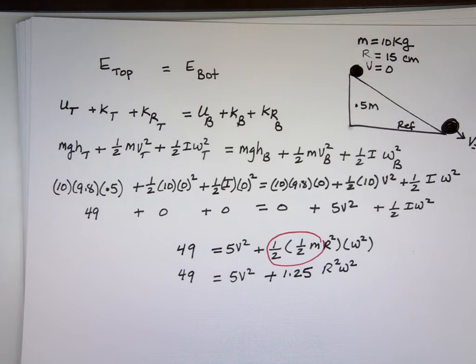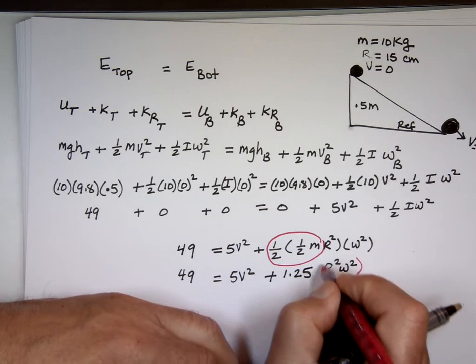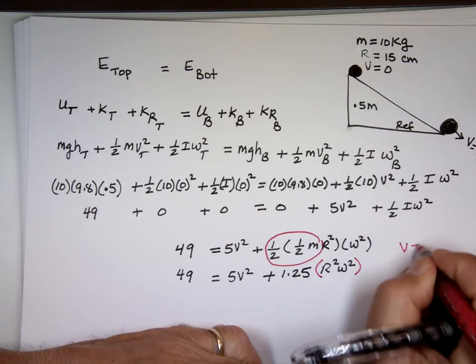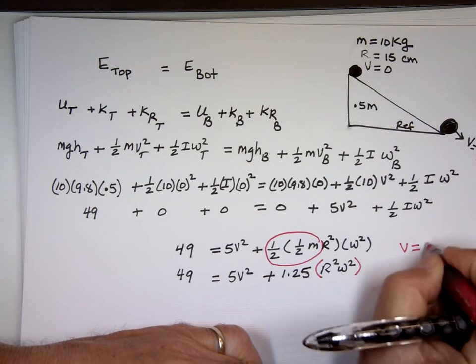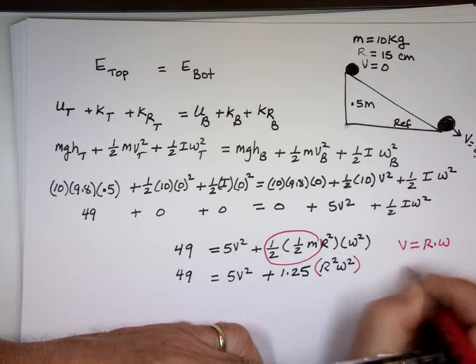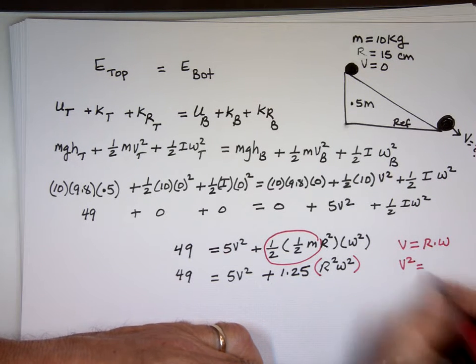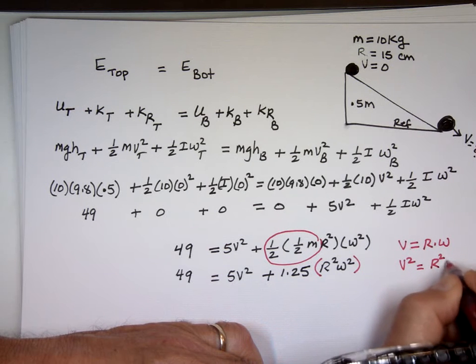I wonder why I don't want to multiply these together. How come I don't want to replace R with 15 centimeters? Because what is V equal to? R times ω. So V squared equals R squared times ω squared.